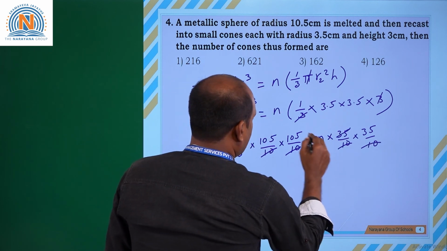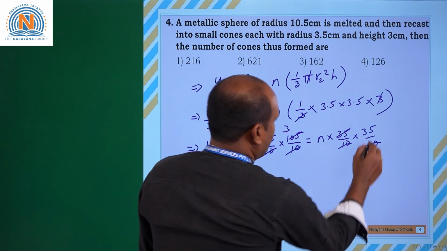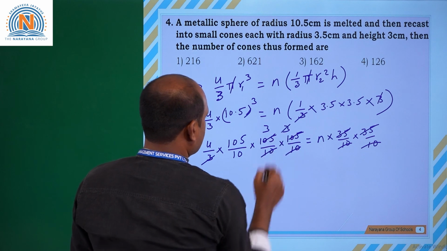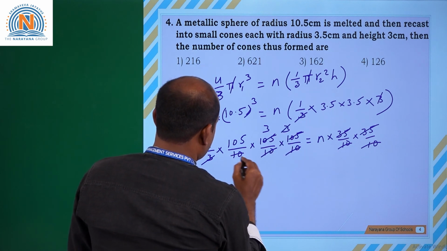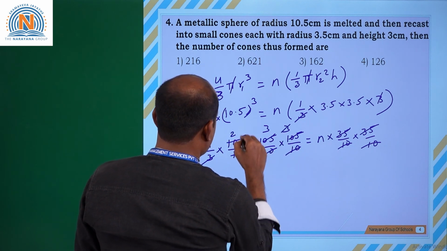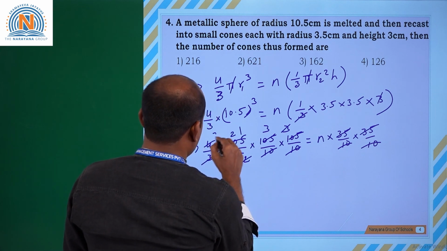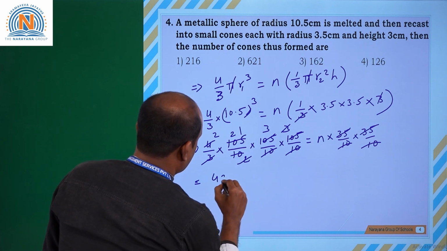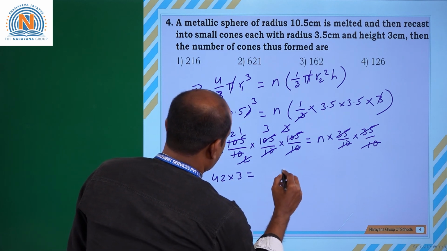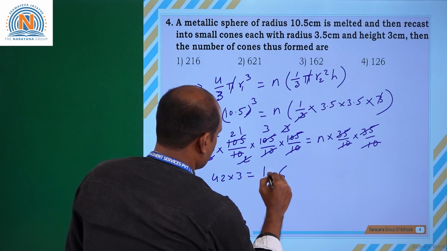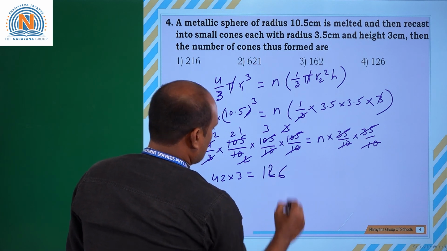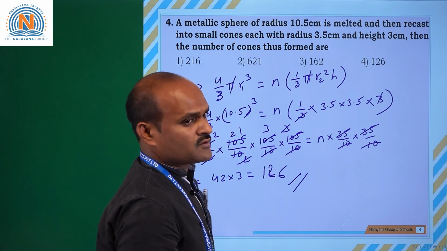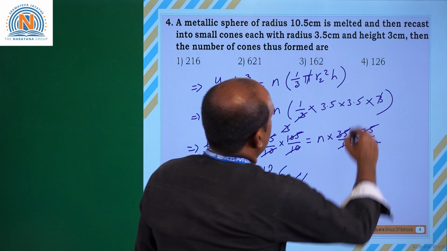So 35 here 3 times, again this 35 here 3 times. Now this 3 and this 3 get cancelled, and these 5s are 21 5s again 2 times, right. That is equal to 2 into 21, 42 into 3, that is 126. So how many cones will form? 126 cones.